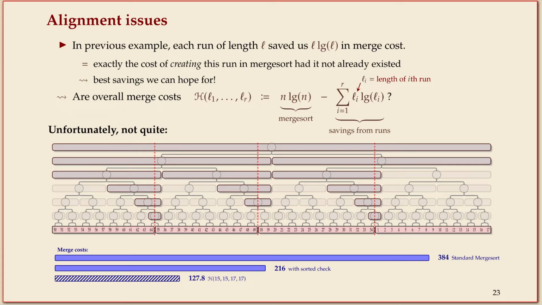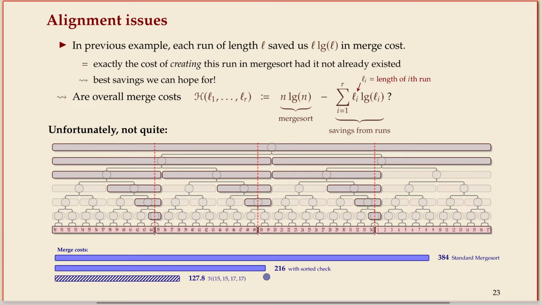And what happens if you call our merge sort that does this sortedness check is something like this. It profits in some parts, but then there are all these cases where the run boundary overlaps this part of the input. It can't profit from the sortedness. So we're only realizing half of the savings, which sounds maybe not so great.